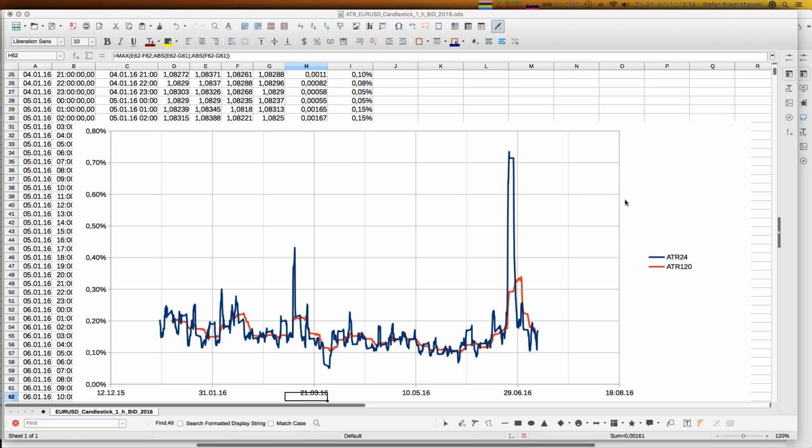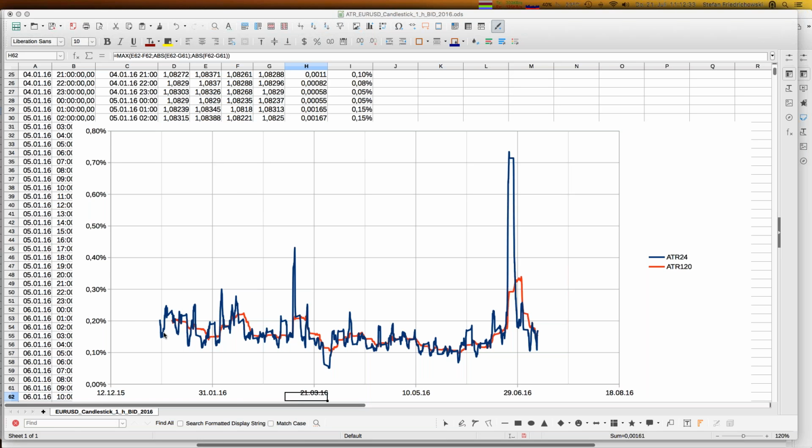What about those numbers? Just very simple. ATR 24 because that is exactly 1 day, so 24 hours is 1 day, and ATR 120 is exactly 1 week. So quite easy.